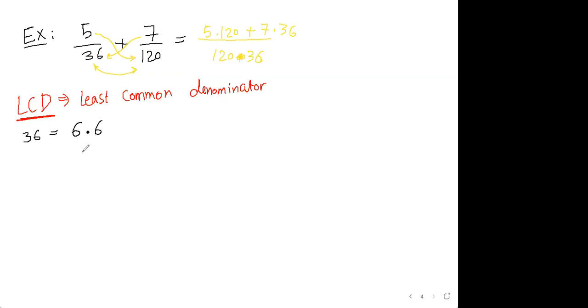Again, I will factor to the prime factors, the smallest numbers. The 6, I can factor to 2 times 3, and the other 6 also to 2 times 3. So the factor for 36 is 2 times 3 times 2 times 3.